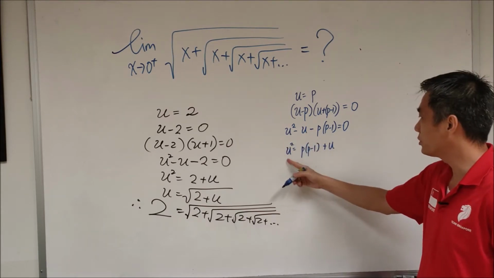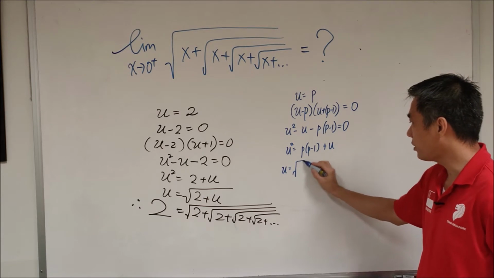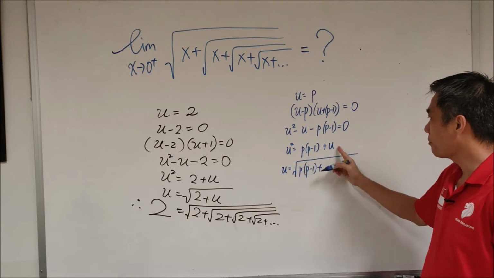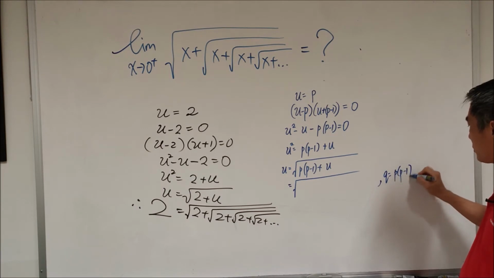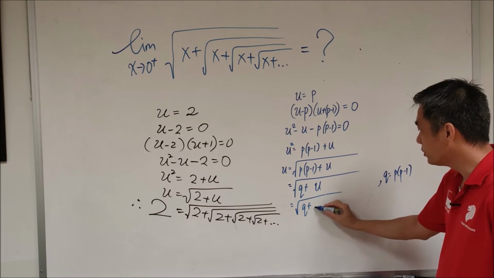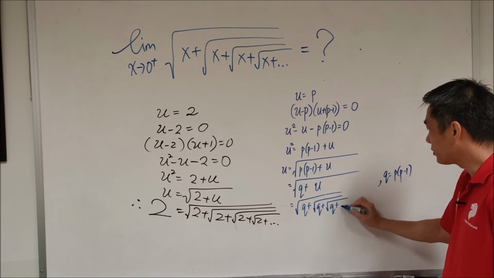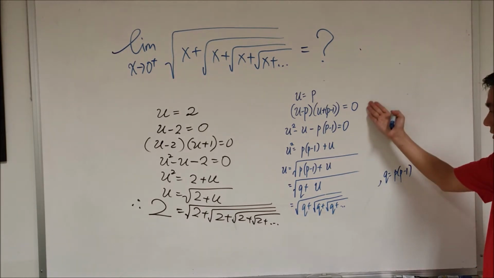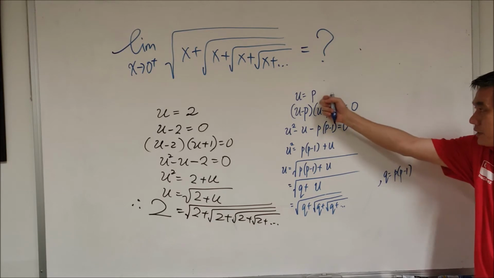U squared equals p times p minus 1 plus u. So u will equal the square root of p minus 1 plus u. We let q be p minus 1, and this will be equal to q plus u, where u equals the square root of q plus u. And this process will go on. So it seems that we can use a similar method to get any number that we want.